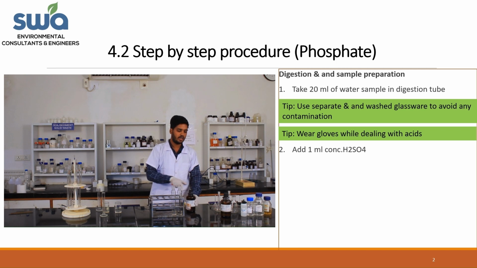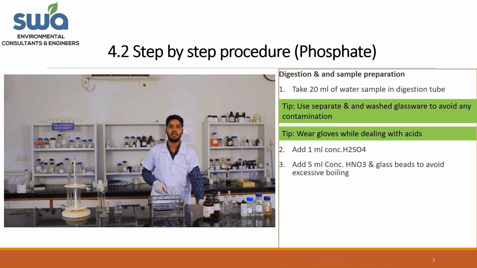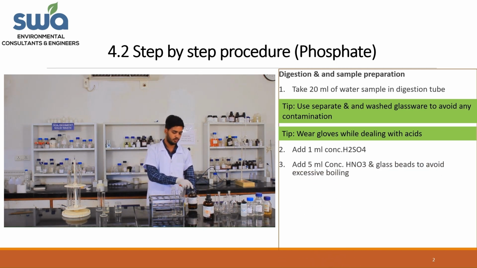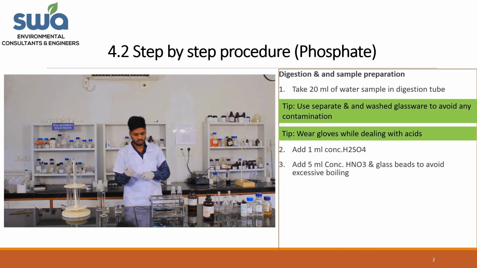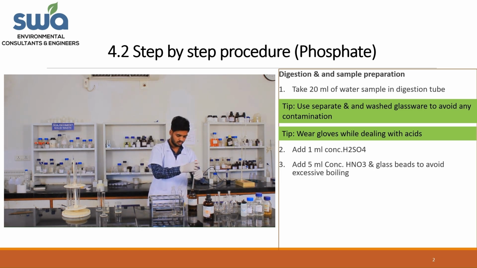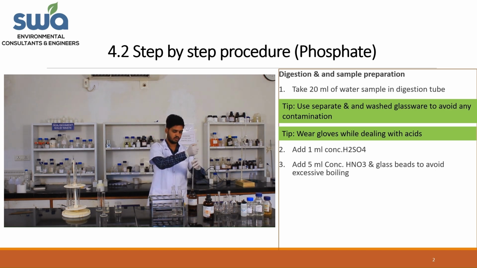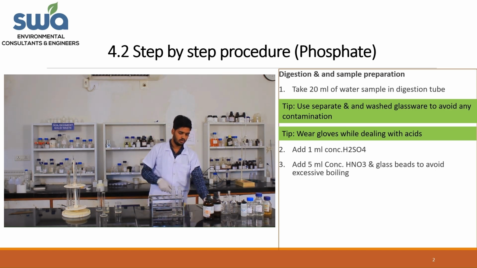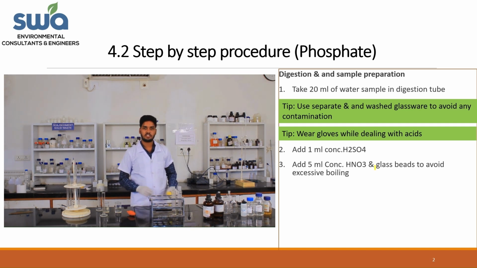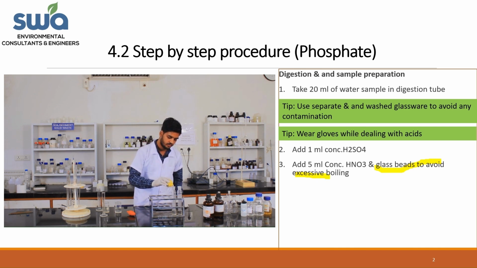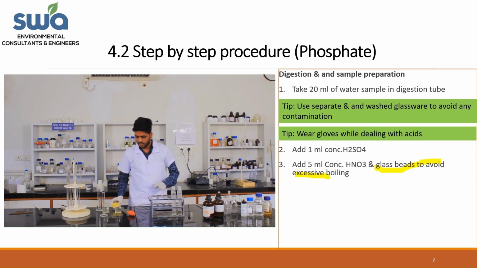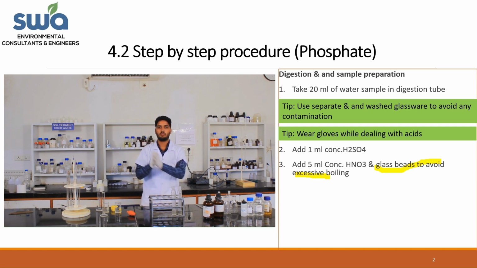After that we will add 5 ml of concentrated nitric acid into each tube. Now add a few glass beads to avoid any excessive boiling while digesting.